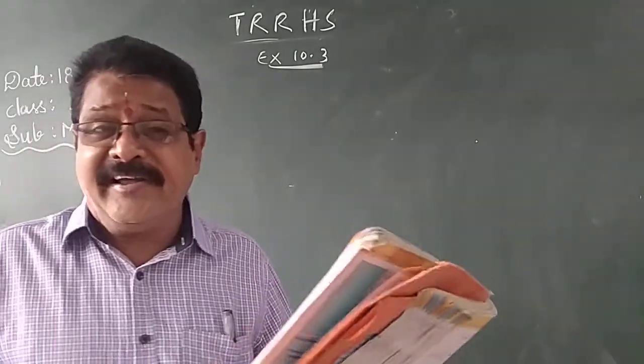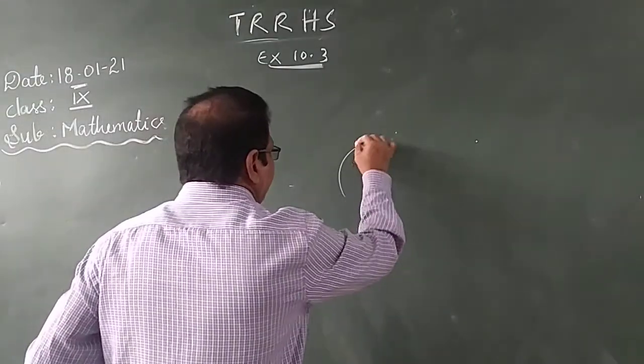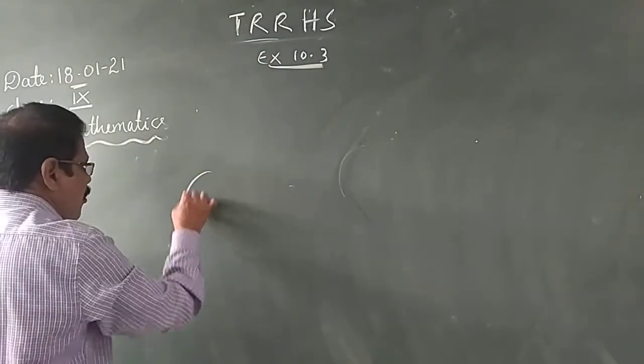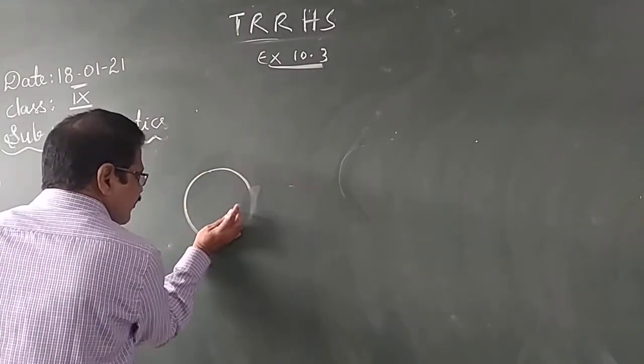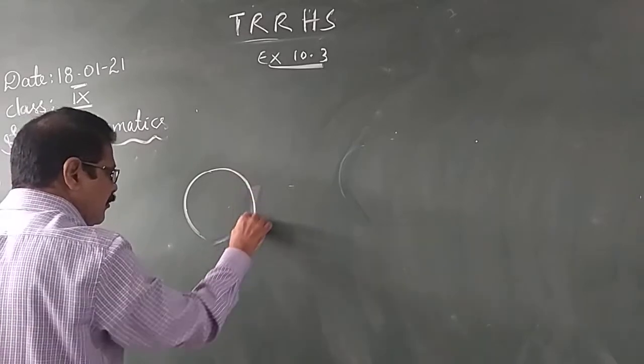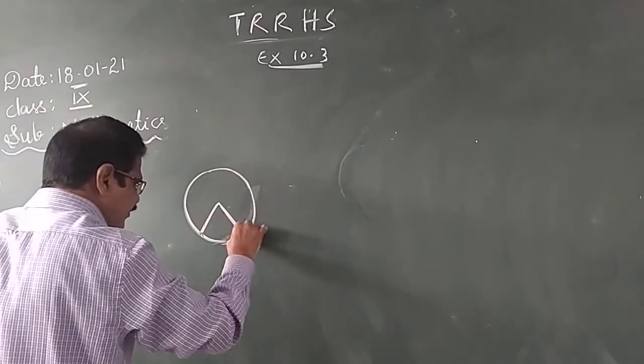From a circle of radius 15 centimeters, this is the circle. From the circle they cut out like this.